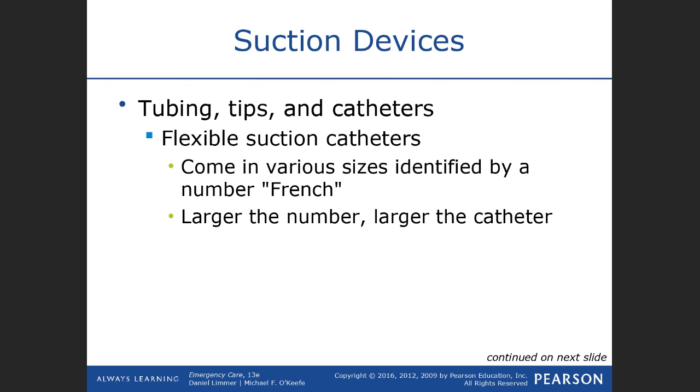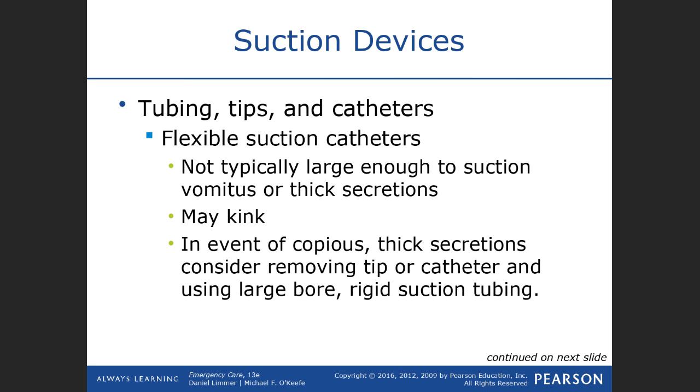Don't get too caught up on numbers, just look at the size of the patient's nostril and use the most appropriate NPA that will fit based on the size and measurement. Flexible suction catheters are not typically large enough to suction vomitus or thick secretions. In the event of copious thick secretions, consider removing the tip or catheter and use a large bore rigid suction tubing.